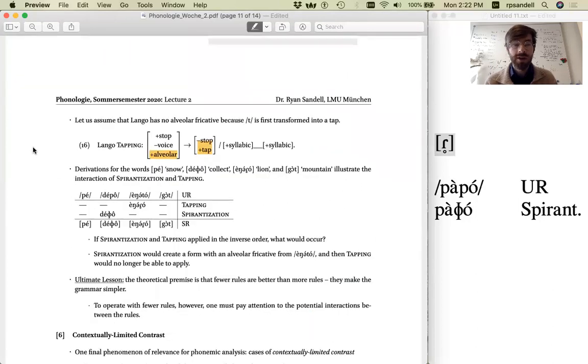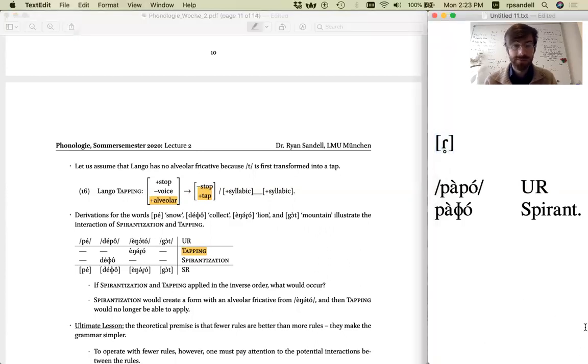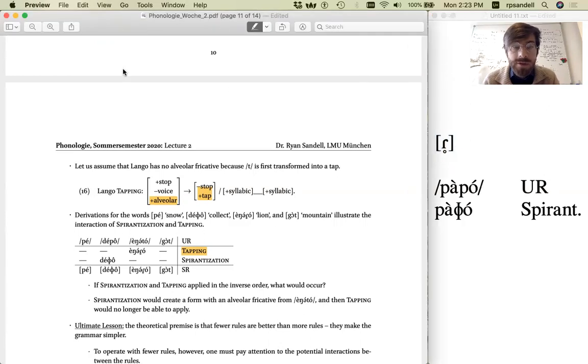So in this way, we can take a few illustrative derivations of the words for snow, collect, lion, and mountain to see the interaction of spirantization and tapping. So here, by having tapping ordered first, from the underlying representation of the word for lion, which contains that voiceless alveolar stop, that will be transformed into this voiceless alveolar tap.